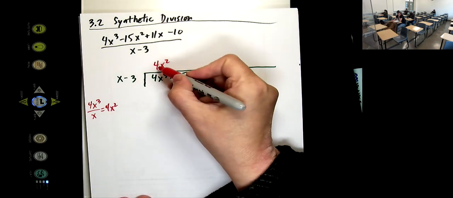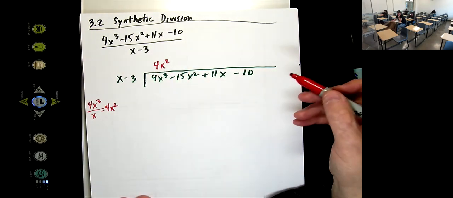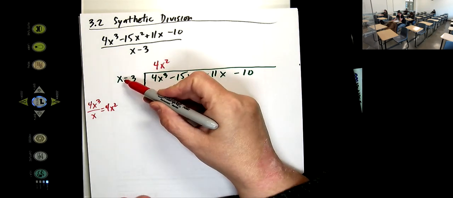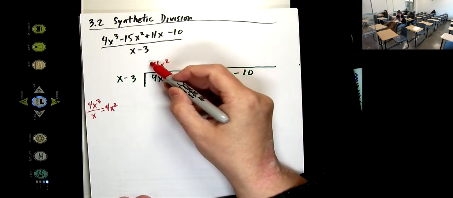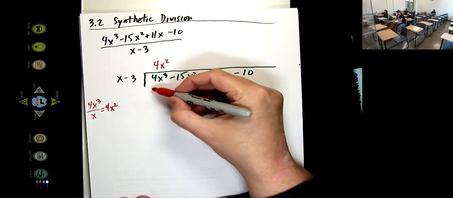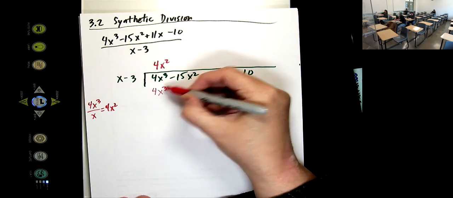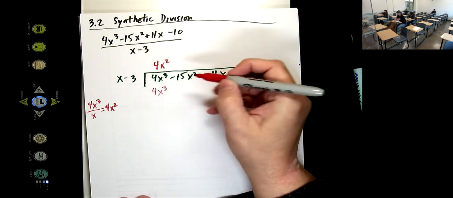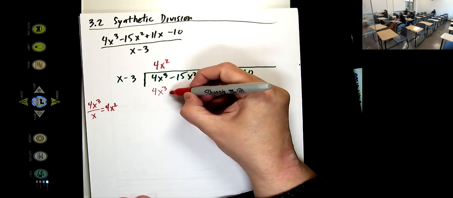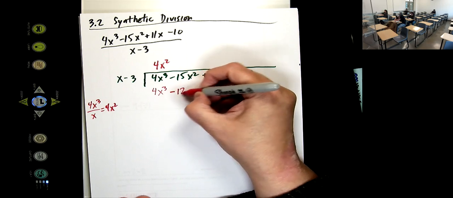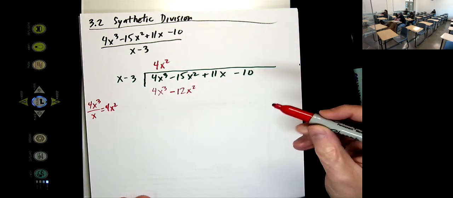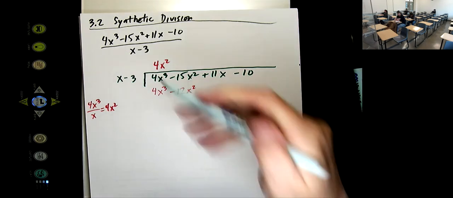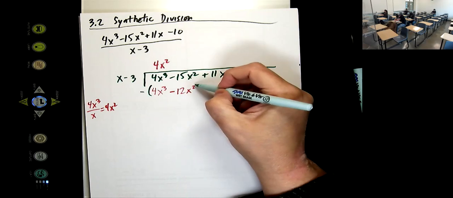And just like with regular division, when you do it by hand, you take this, multiply it by the thing out front, and subtract it. So 4x squared times x is 4x cubed. And 4x squared times negative 3 is negative 12x squared. Then we subtract everything in there.